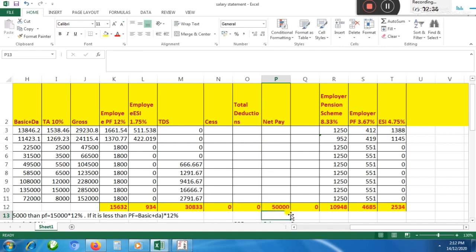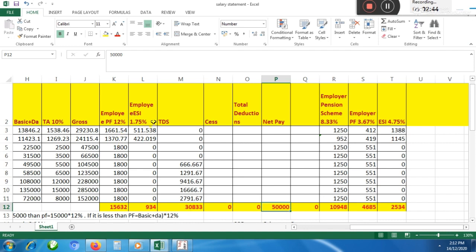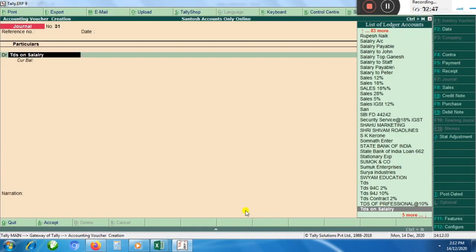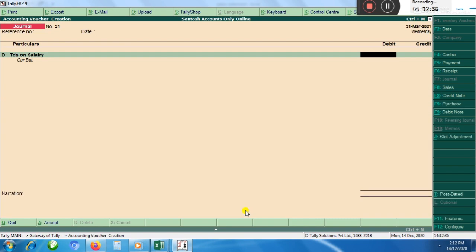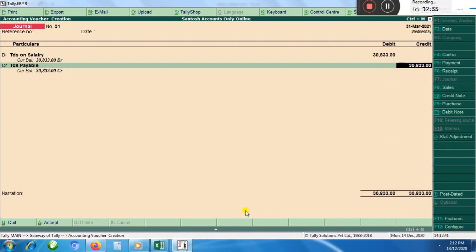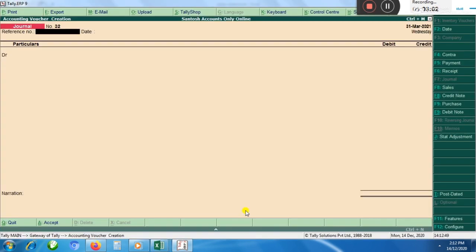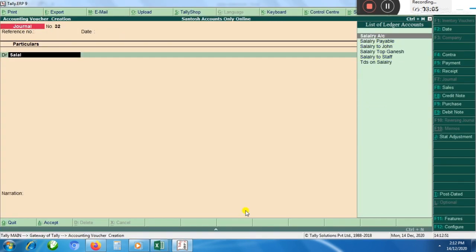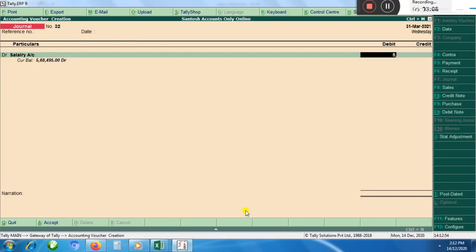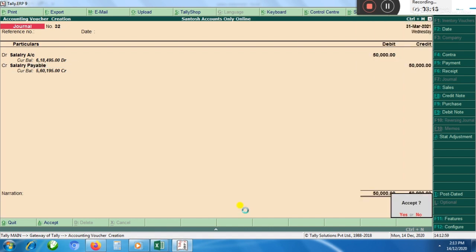I'm just entering, we have not calculated it here. Employees' TDS on salary is this 3833. TDS on salary 3833. Credit what? TDS on salary payable. This becomes a provision. Similarly, this PF also, ESI, and even net salary also, salary payable. Salary account debit, that is 50,000, and credit is salary payable. Salary is an indirect expense, and this is payable.